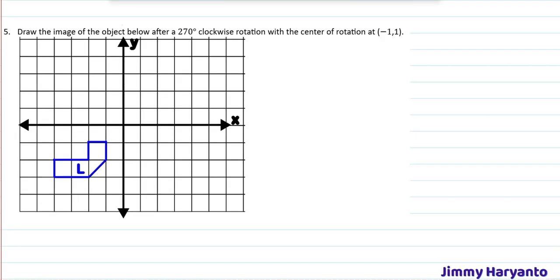And then the next one is 270 degree with the center of rotation of negative 1, 1. Negative 1, 1 is right there. And then just like usual, create the line, choose one point, and then draw the line like this, and then measure the angle like 270 degree clockwise.